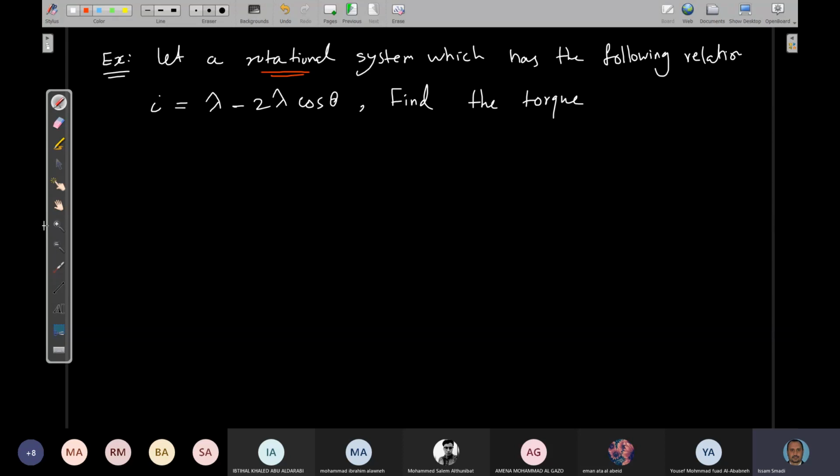How can I find the torque now? Here I did not give you the field energy or the Coenergy. I'm giving you a relation between I and lambda, correct? So from there I can calculate either the field energy or the Coenergy, and from there I can calculate the torque. Who can help me with that? Let's assume that I need to calculate the field energy.